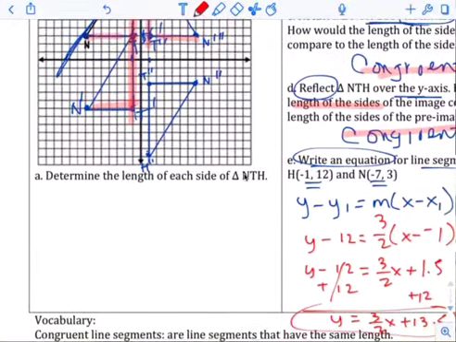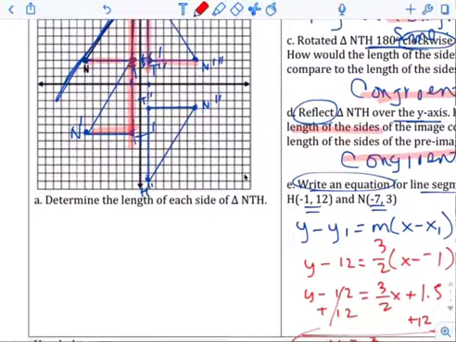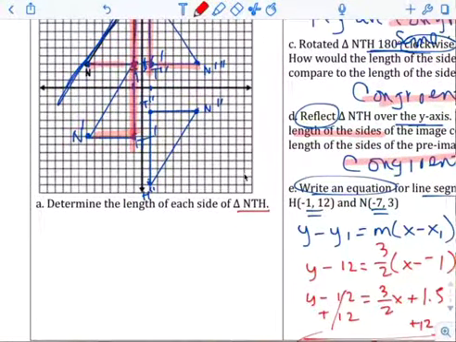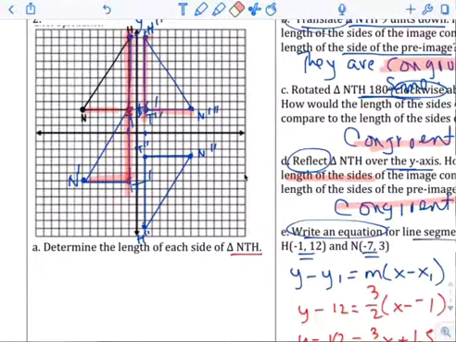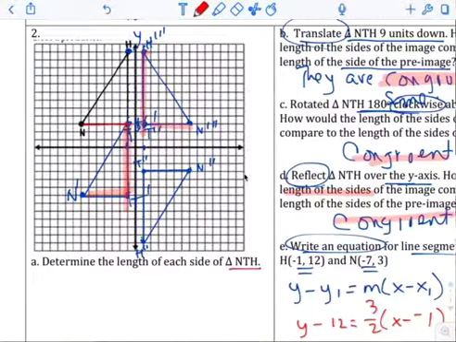Determine the length of each side of triangle NHT. Oh, I should have done that first. N to T equals 6.